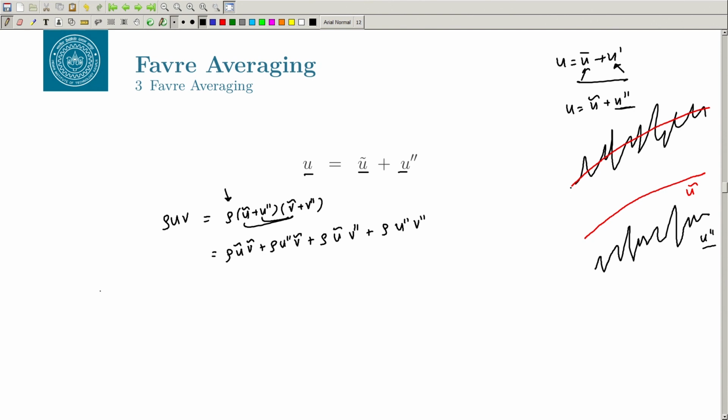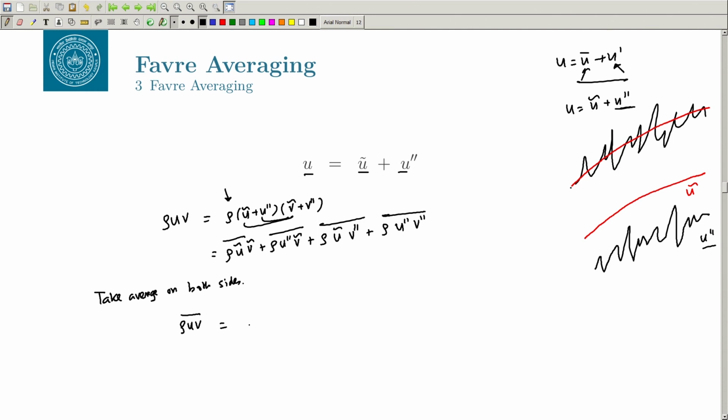Now, you take a mean of it, take the average on both sides. This will become rho u v bar, right, and we are putting the average of all of this. So, what will happen now?